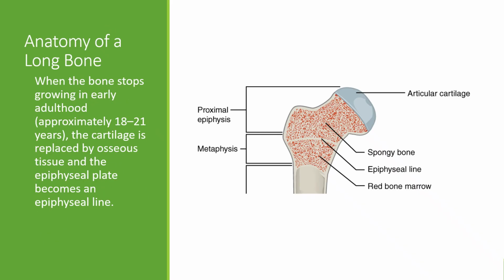And that's what it's telling you out here. When the bone stops growing in early adulthood, which for young ladies is usually about the age of 18. For young men, it's usually about the age of 21, but there's some variation in that. The cartilage is going to be replaced with osseous tissue, and that plate becomes the epiphyseal line.